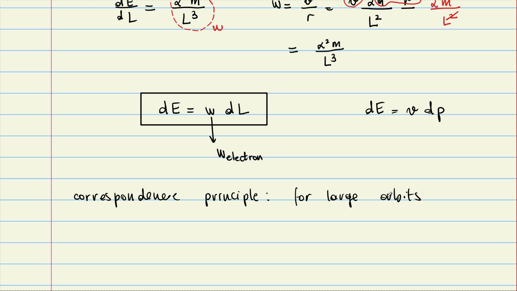This is fact number one. And fact number two, the radiation frequency will be the electron frequency, right? For large orbits, there will be some h nu photon, right? We are using this from Planck.